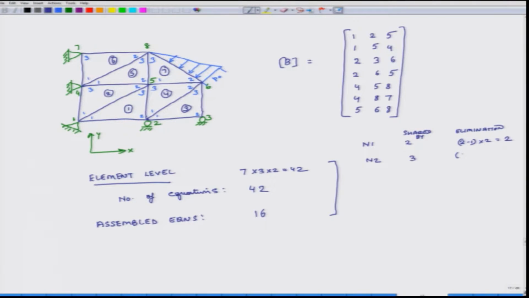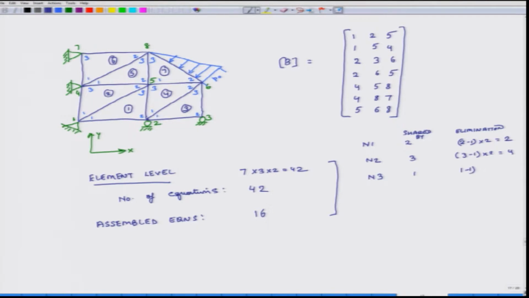So, how many equations get eliminated? 3 minus 1 times 2 is equal to 4. Node 3, how many elements share it? It is shared by 1 element.